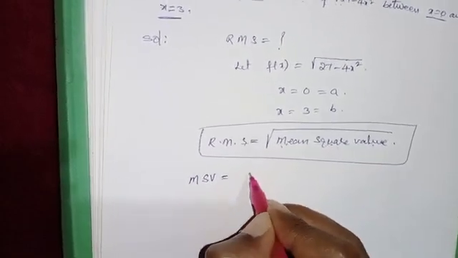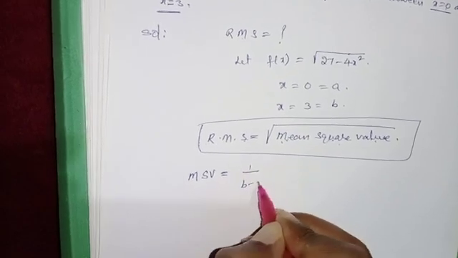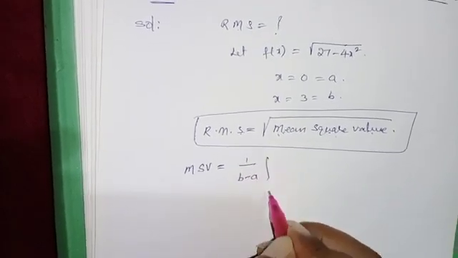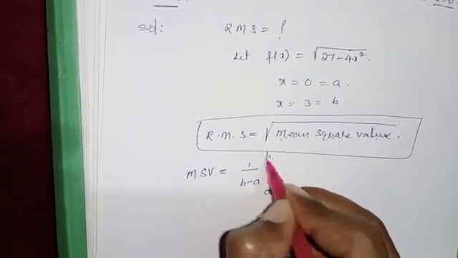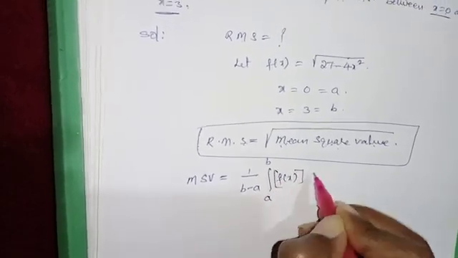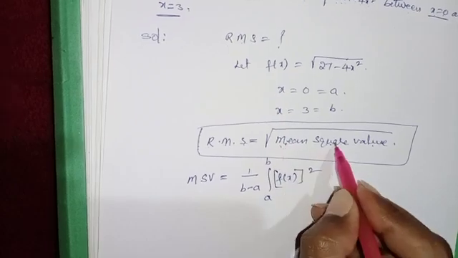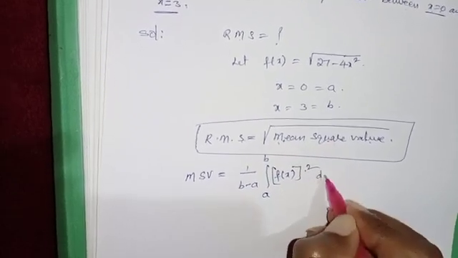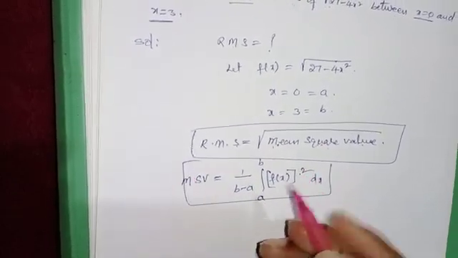The formula is MSV is equal to 1 by b minus a into integral a to b f of x whole square dx. This is the formula.